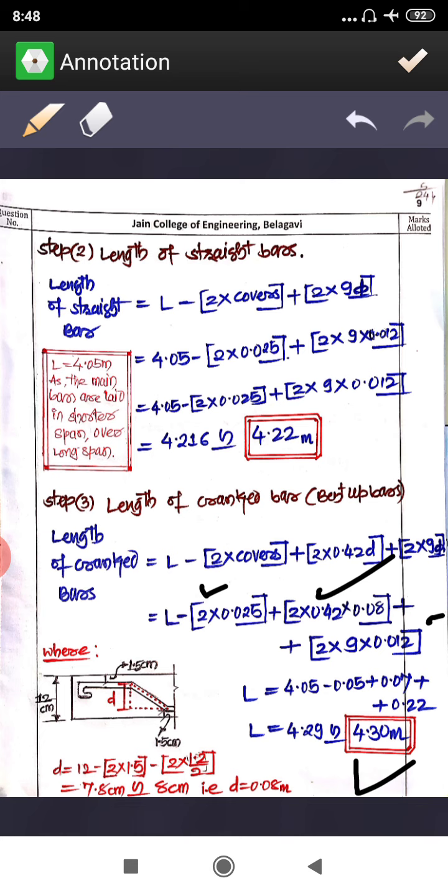Now again, that D effective length calculation I have shown you here. How did I get that D? The total depth is 12 centimeter.